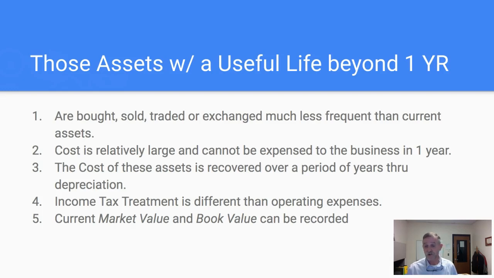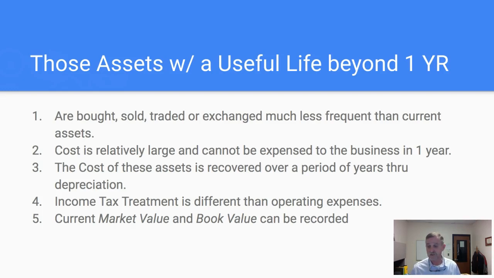But anyway, it's usually fairly large. The cost is not necessarily, but and so that we would not want to use up all the expense in 1 year. All right, so it's not an item like feed. It's not an item like seed or fertilizer or some of those types of expenditures that we would actually expense in that 1 year.